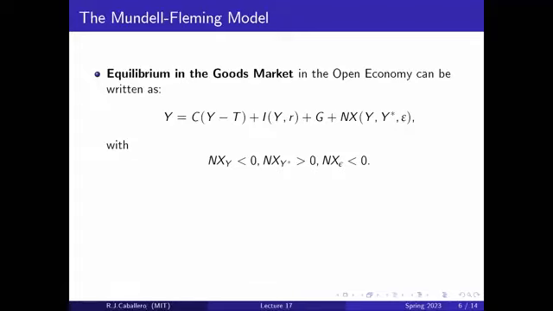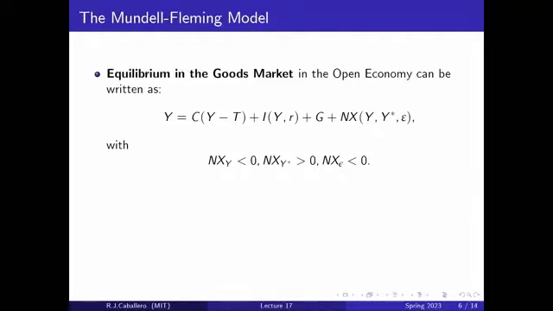So part of what residents demand, they demand from the rest of the world, not from domestic producers. And at the same time, part of the demand perceived by domestic producers comes from the rest of the world, from exports. So that's the reason we got an extra term here, which is net exports.